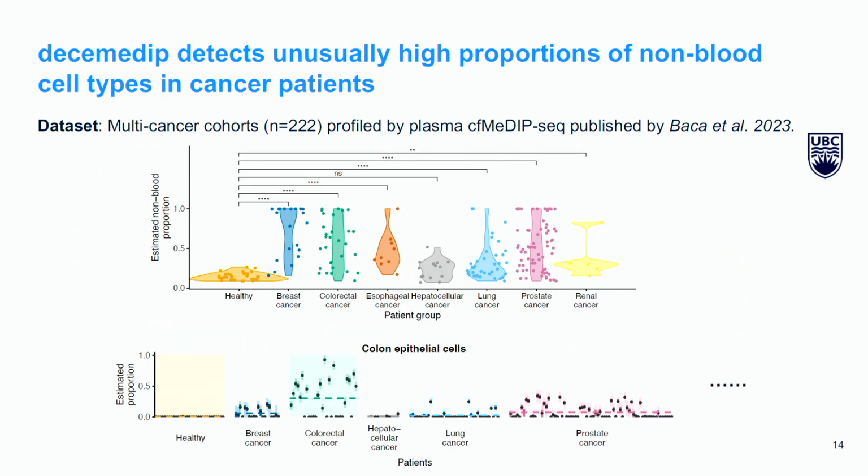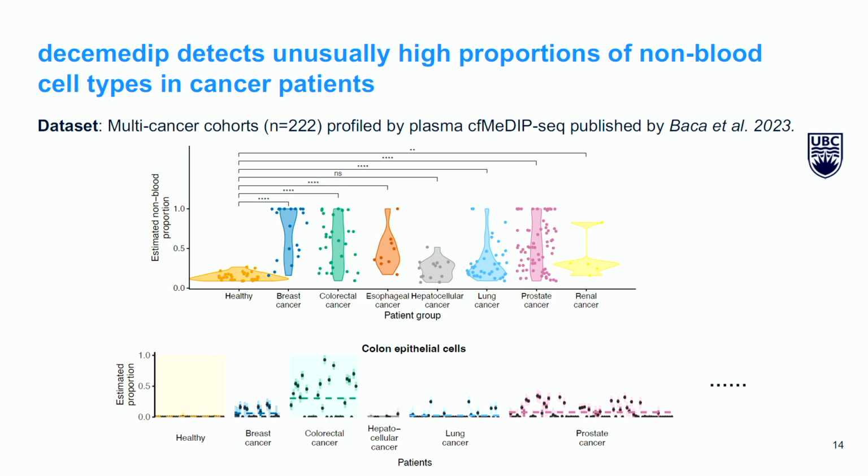We also applied it to a large cohort of multi-cancer patients with plasma cell-free DNA measured. In this figure, we're showing the estimated non-blood proportion. The healthy patients usually don't have a lot of non-blood cell-free DNA in the bloodstream.